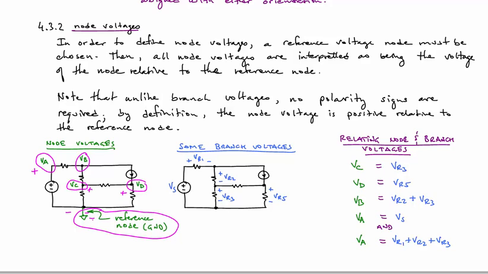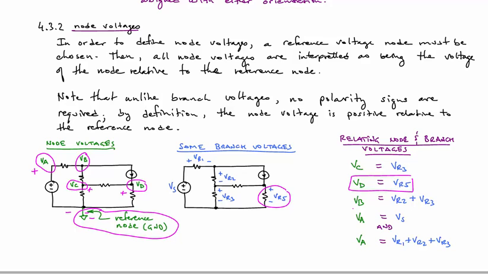Notice also the relationship between node voltages and branch voltages. So for example, the voltage VR5 across resistor R5 is simply the voltage VD, where VD is the node voltage at the positive end of the resistor, and the negative end of the resistor is actually at the reference ground.